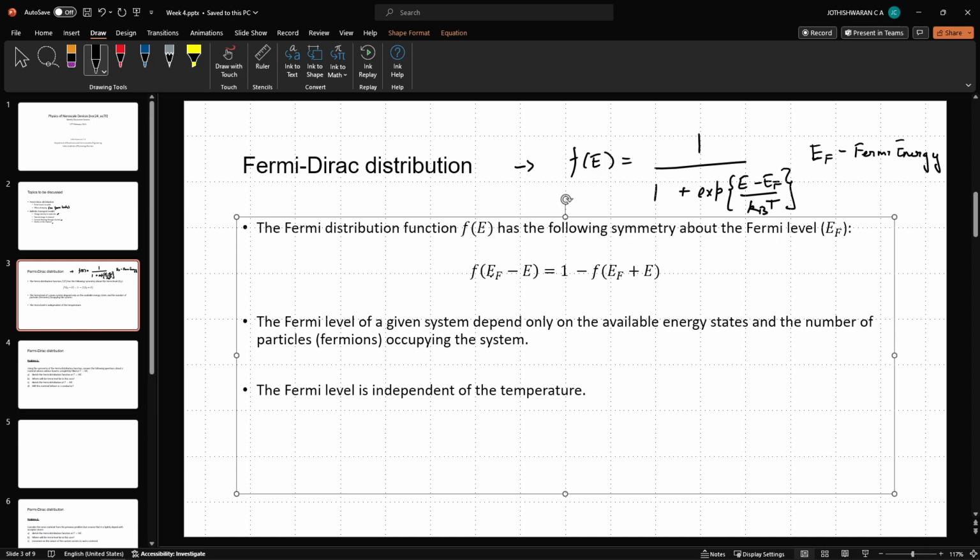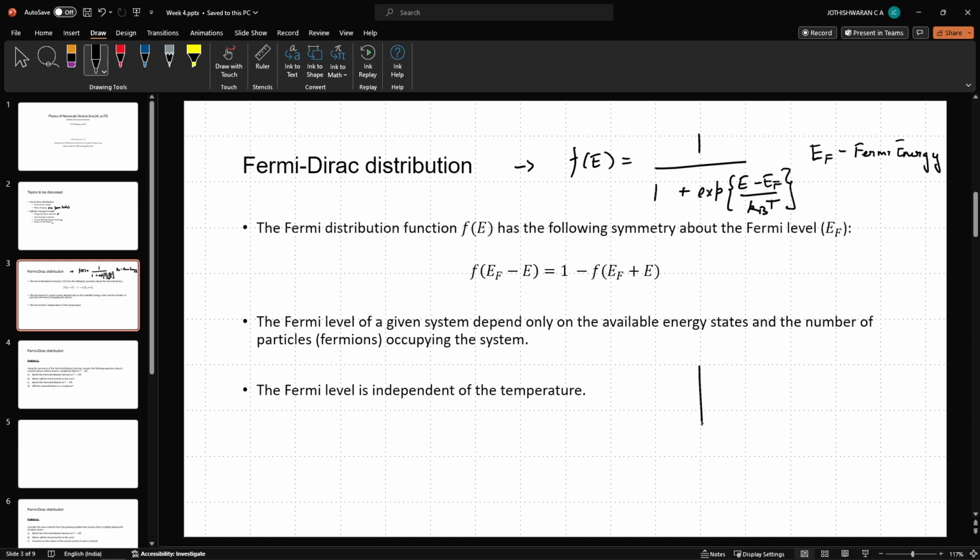What is said is that f of EF minus E will be 1 minus f of EF plus E. What this means is, if I sketch the Fermi distribution function, and this line over here is my EF, then at any non-zero temperature our graph will look something like this.